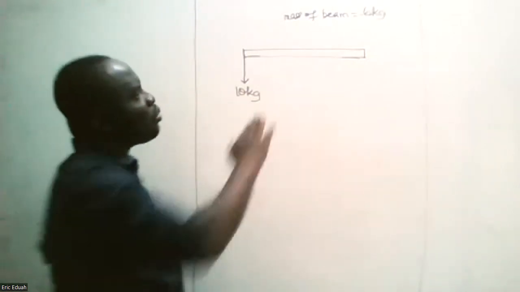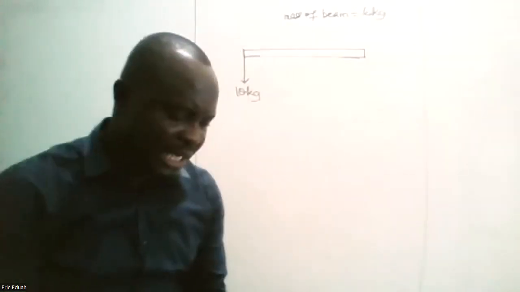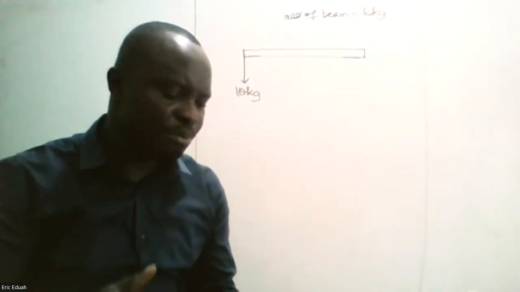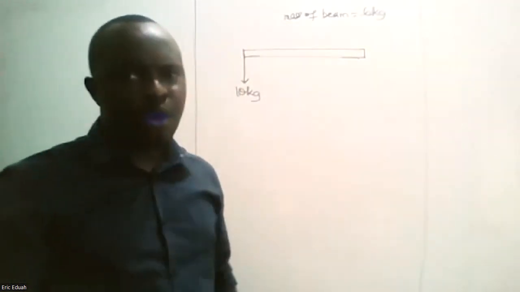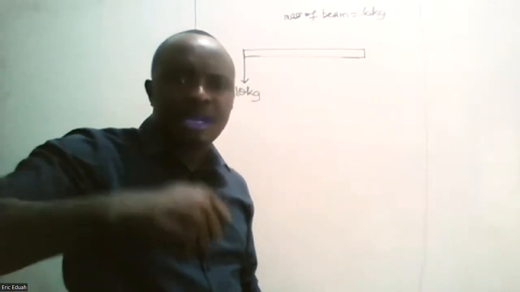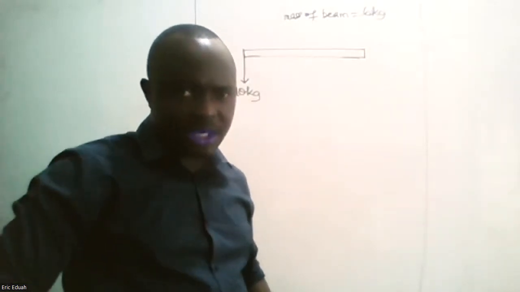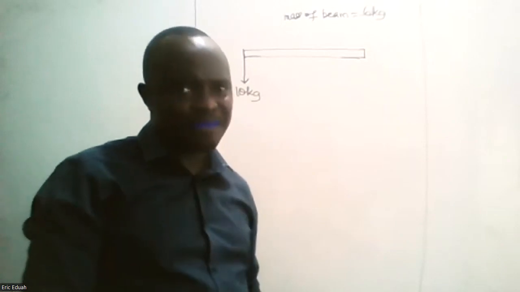Now, we are also given the mass of the beam. But the question said a uniform beam. When the beam is said to be uniform, what it means is that the center of gravity, which is the weight of the beam, would act at the center.